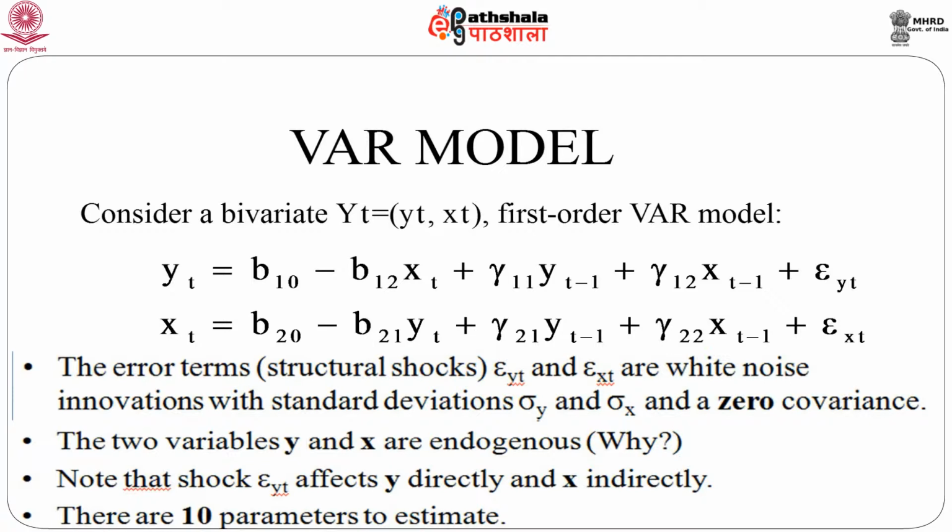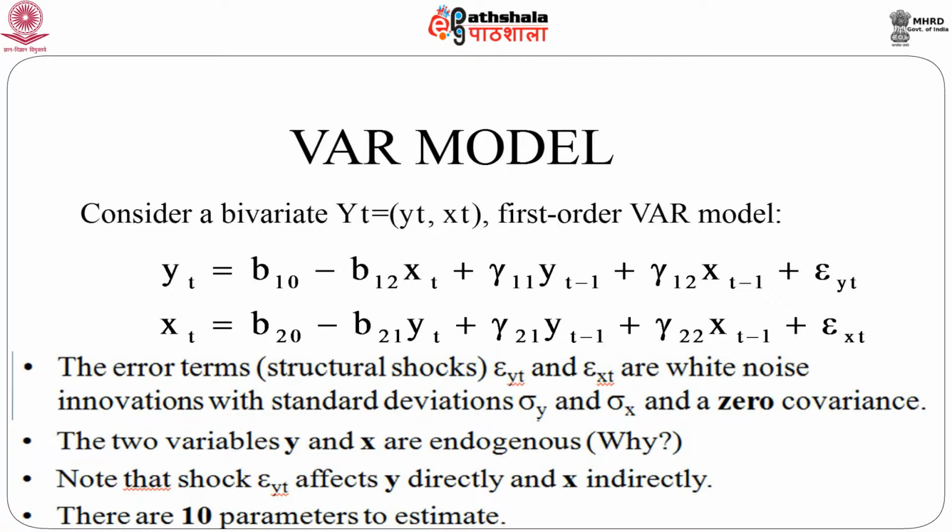And in the next round, since the current value of xt is dependent on the current value of yt, it will also have an indirect effect on xt. So, any change in the innovation epsilon yt will have both a direct as well as an indirect effect.